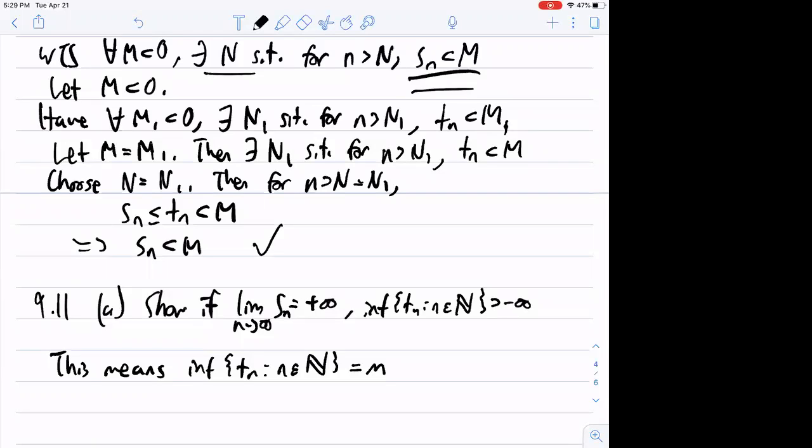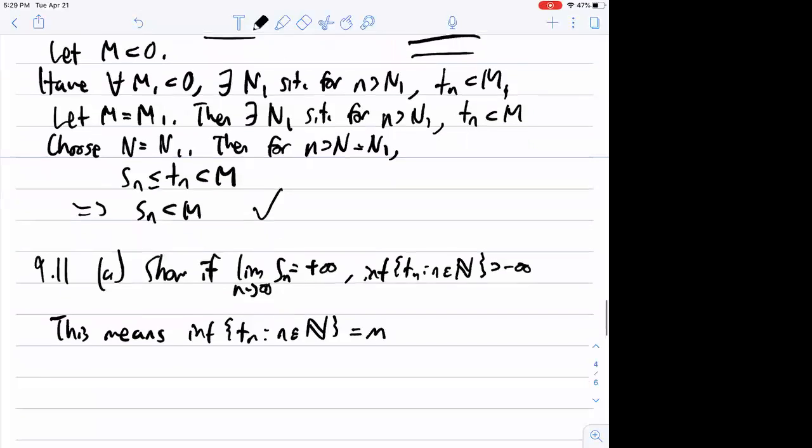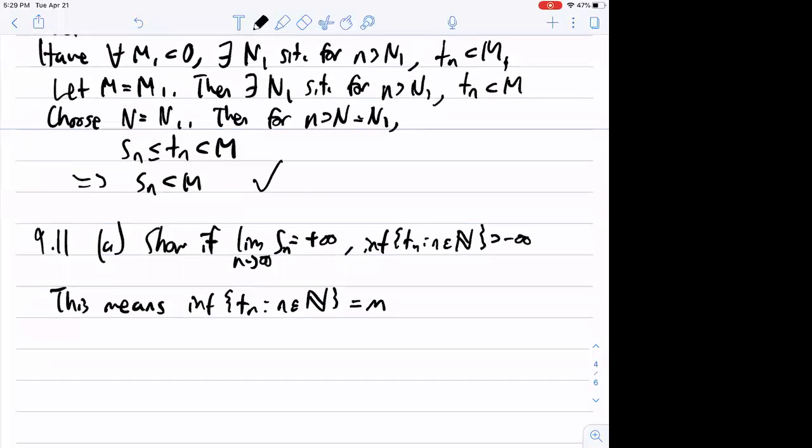In other words, because the infimum can't be positive infinite, it can only be negative infinity. So here, it's just some number. We want to show the limit as n goes to infinity of Sn plus Tn is positive infinity.